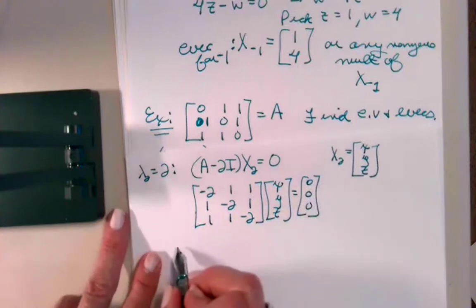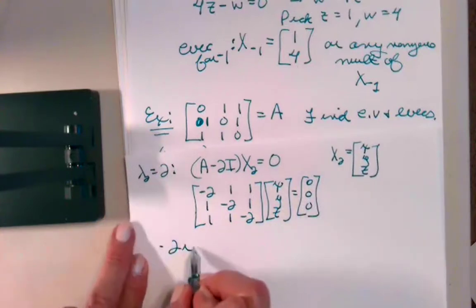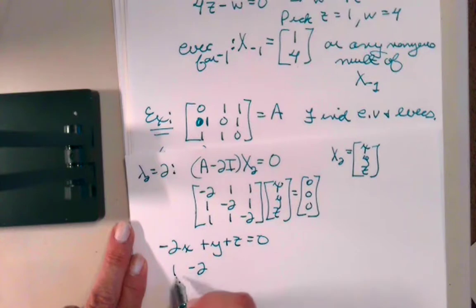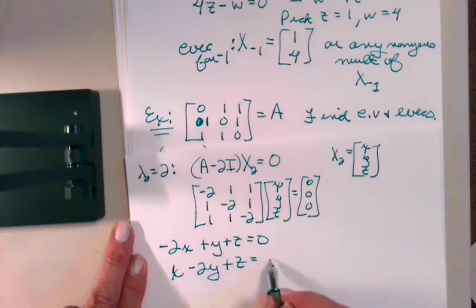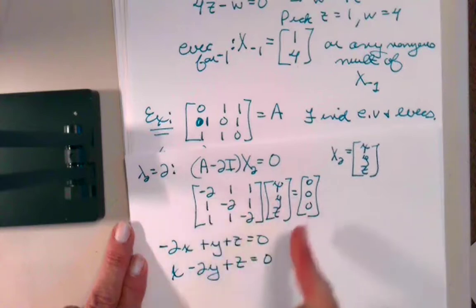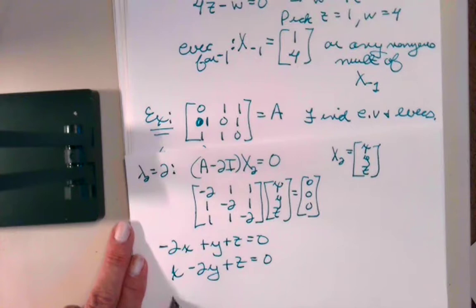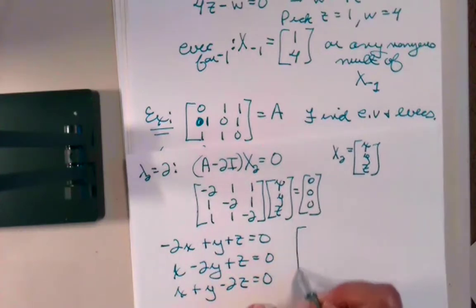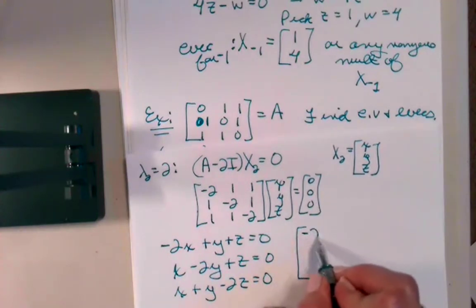Okay, so that means I have 3 equations and 3 unknowns. Multiplying the matrices together, this is matrix multiplication, to give me this. Okay, so that's 3 equations and 3 unknowns. We have to solve for x, y, and z. So I write them in a big matrix.